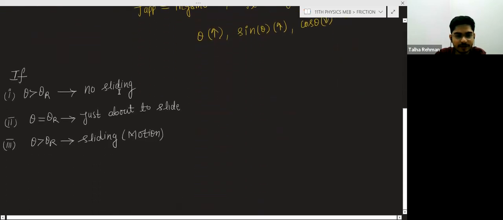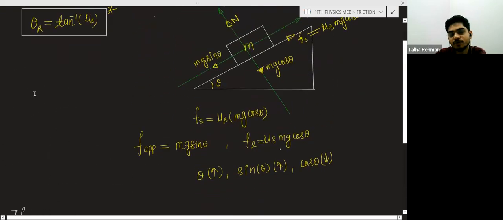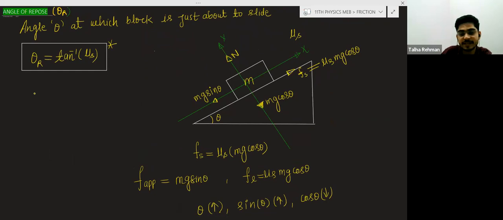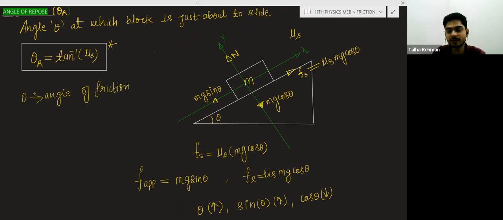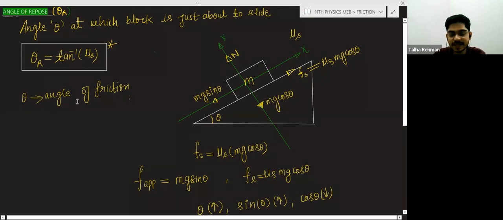Here I have already written, what is theta, I have told you. Theta is the angle of friction. If I am saying theta here, then that means the angle of friction.